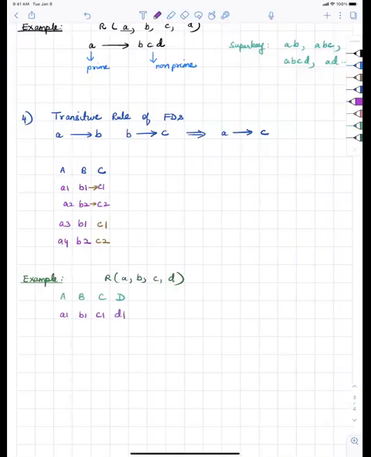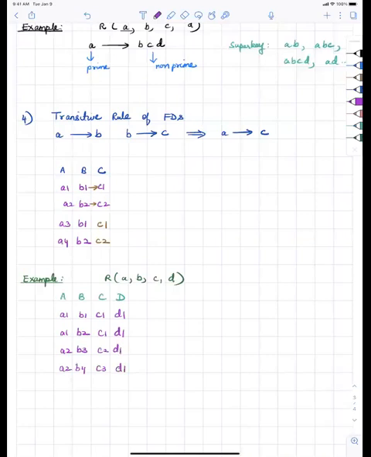A1, B2, C1, D1, A2, B3, C2, D1, and A2, B4, C3, D1.